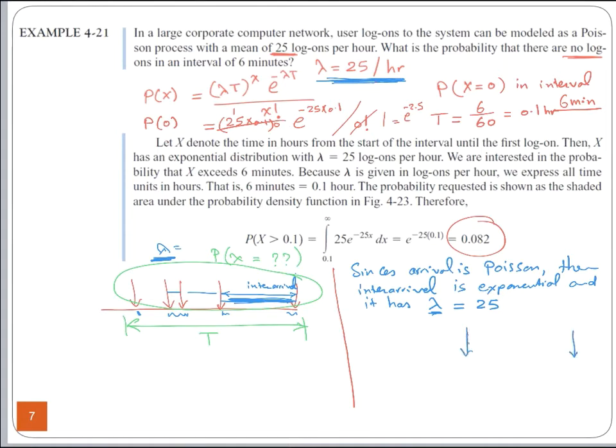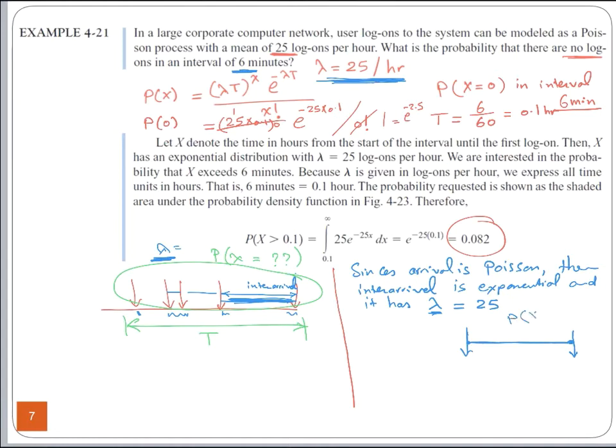Now remember that this is the inter-arrival time, the time between the occurrence of one arrival and the next one. If we say that an interval of 6 minutes passes without an arrival, the probability that there is no arrival within 6 minutes is equivalent to the following.